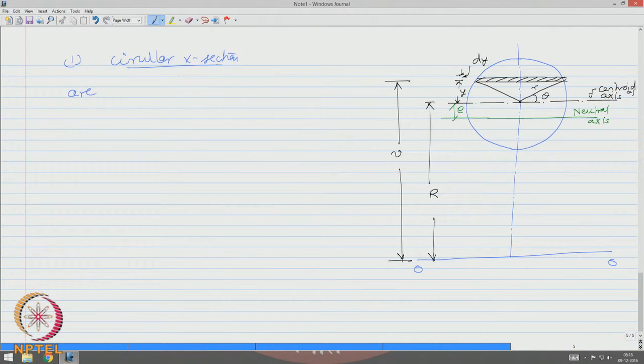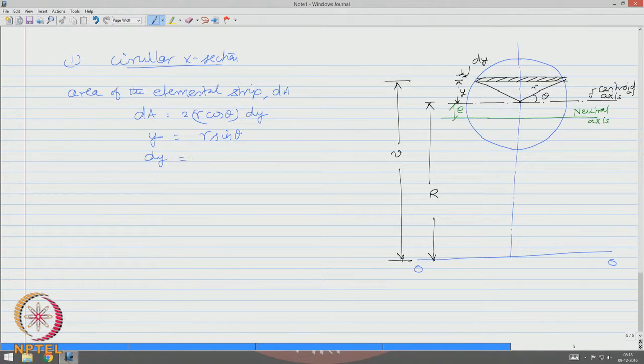So, area of the elemental strip dA will be equal to r cos theta, twice of that, multiplied by dy. We also know y is r sin theta.